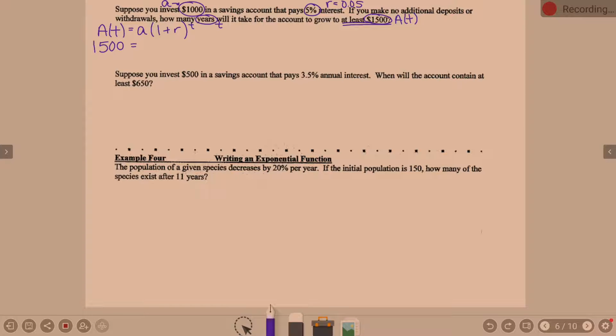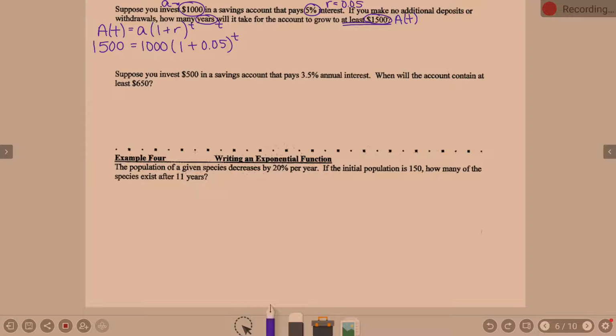What goes in for little a? 1,000, times 1 plus R, which is 0.05, raised to the power of T. Okay, guys. My job is to find T here.